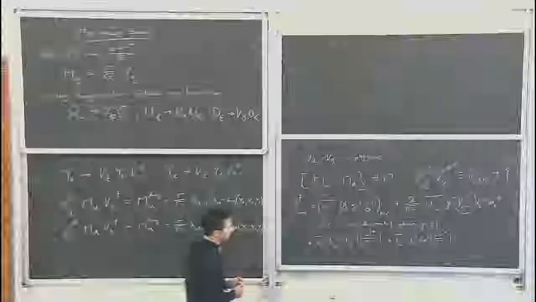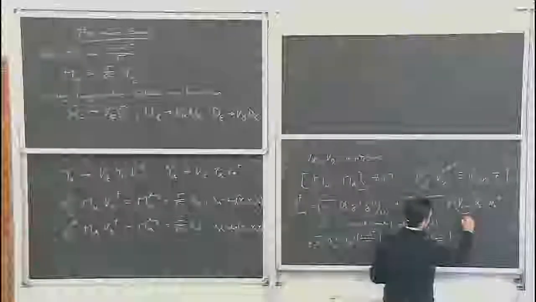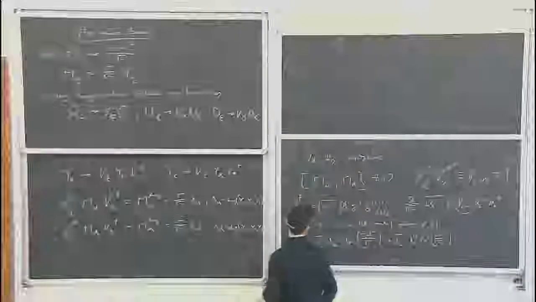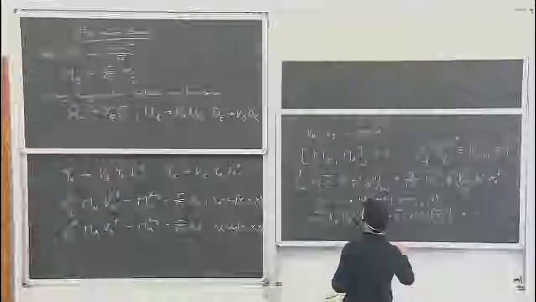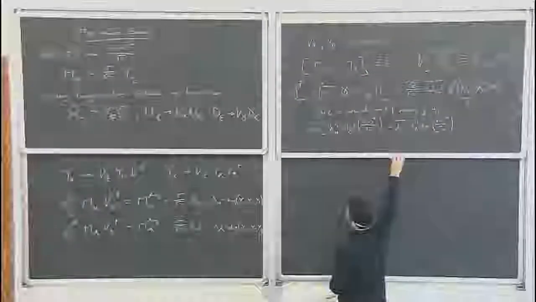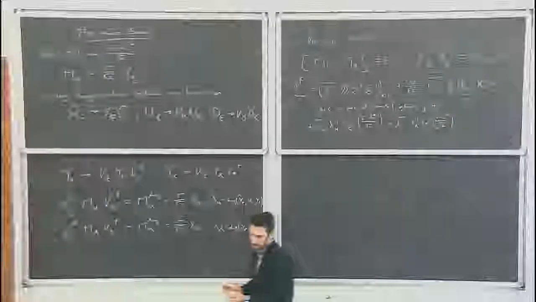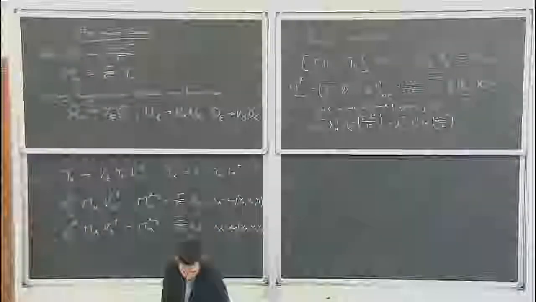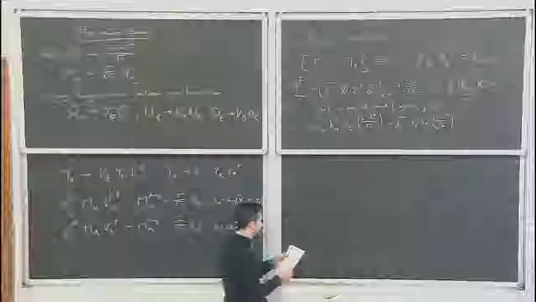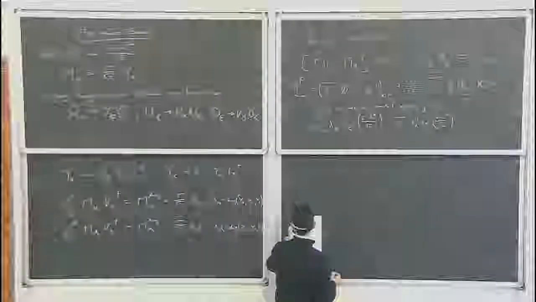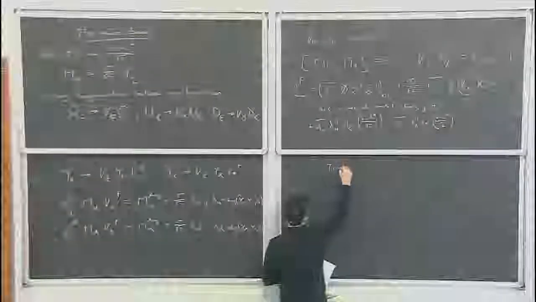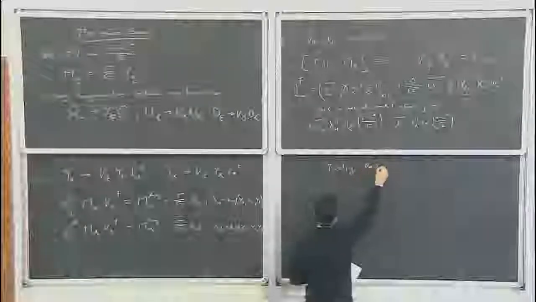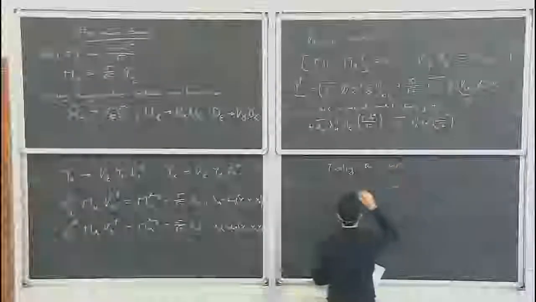So let's analyze these flavour interactions in the Standard Model in more detail. How can we test this model of flavour, the Standard Model flavour? This would be testing the CKM.